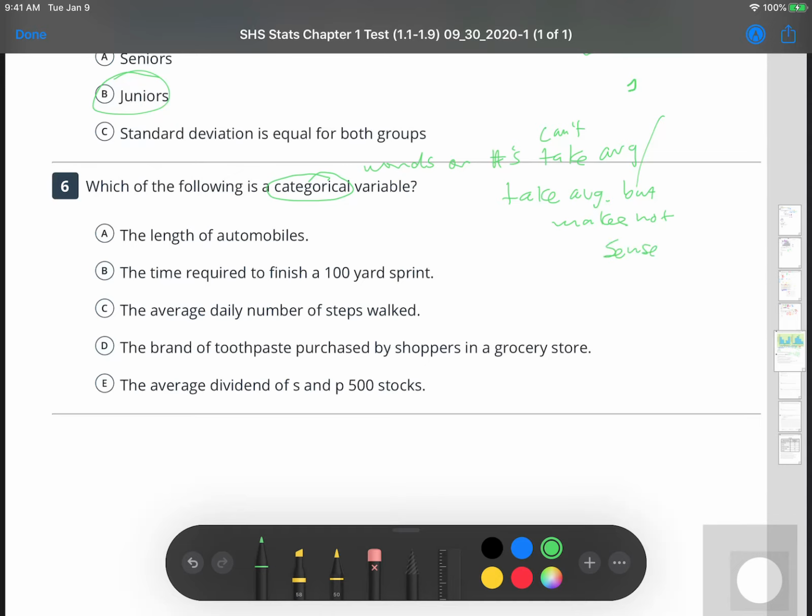Number of automobiles. Or, I'm sorry, the length of automobiles. That's quantitative, right? A car might be 12 feet, 6 feet.